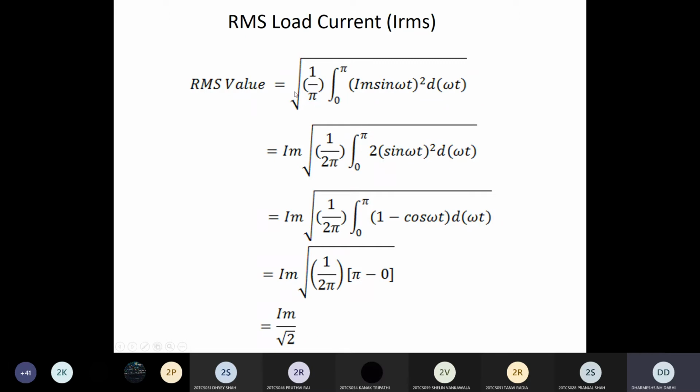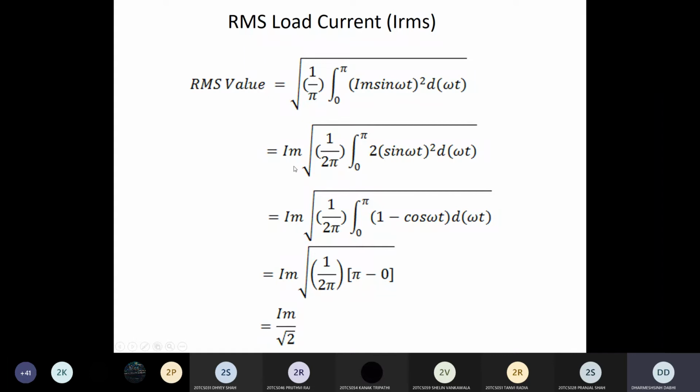Clear? So here it is directly written as 1 upon pi integration 0 to pi of Im sin omega t whole square d omega t. Im is constant. In the second step, you can see that the numerator and denominator are multiplied by 2, so it becomes 1 upon 2 pi and here 2 sin square omega t. We take Im common because it is a constant.